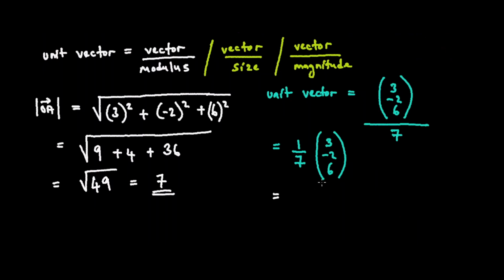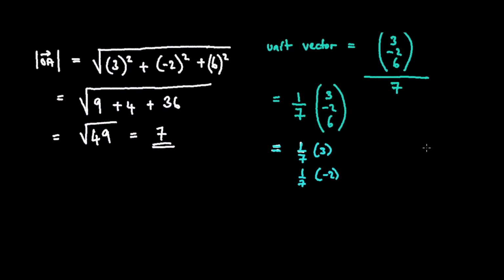which means this 1 over 7, let me use the color I was using originally. So it means the 1 over 7 is going to multiply 3, the 1 over 7 is going to multiply minus 2, and the 1 over 7 is going to multiply 6.